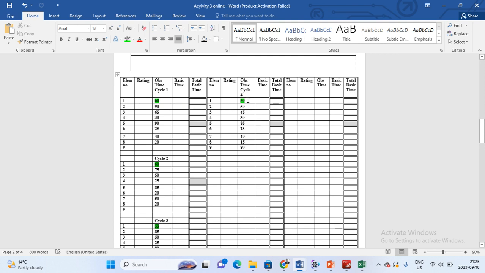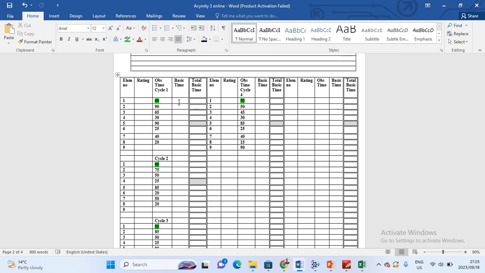All right, let me do it together. 60 plus 60 plus 55 plus 50, which should give you 225. After getting 225, you divide it by 4. You should get 56.25.